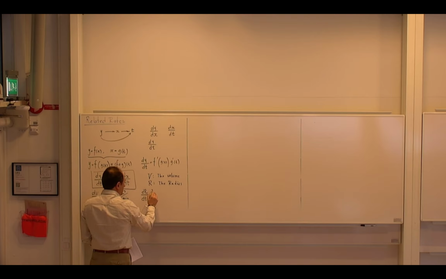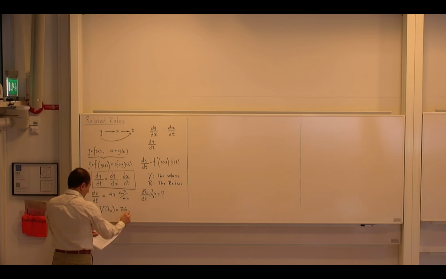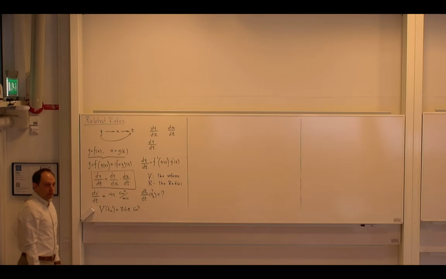At which point? At the point when the volume is 36 pi cubic centimeters. It means V at that time for which the volume reaches 36 pi cubic centimeters. Yes, is that clear?